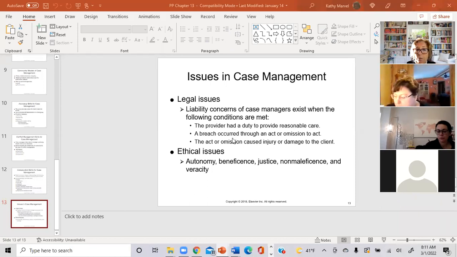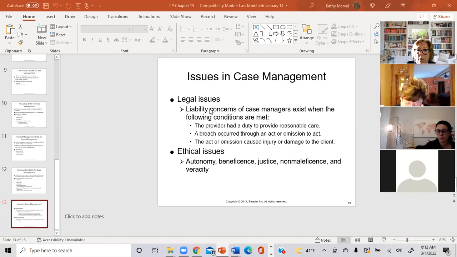What are some legal issues? Right, the provider had a duty to provide reasonable care. A breach occurred through an act of omission. The act of omission caused injury or damage. Right, this is about malpractice here.